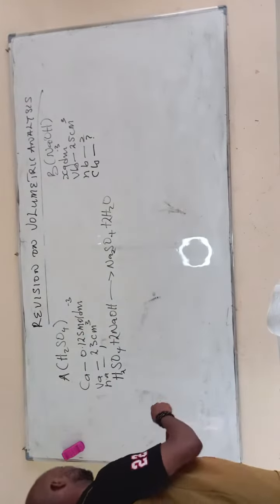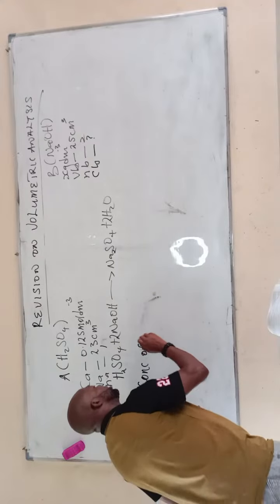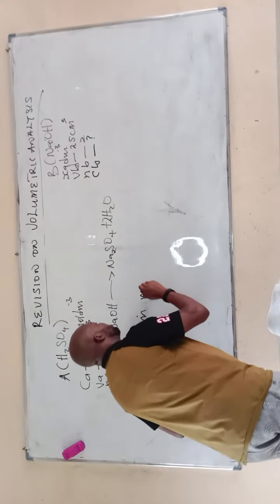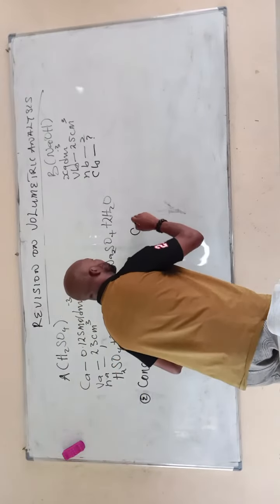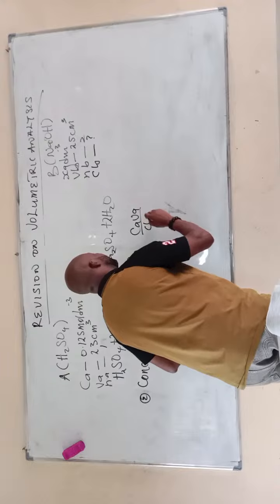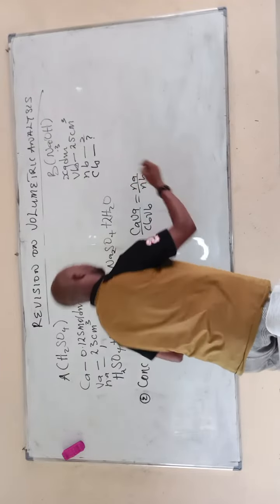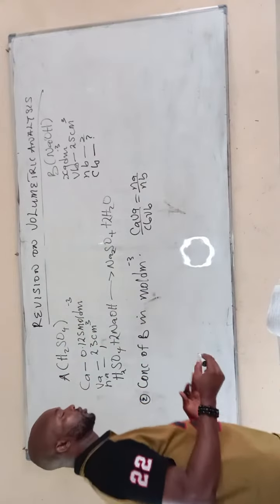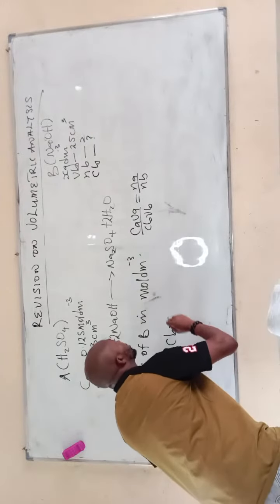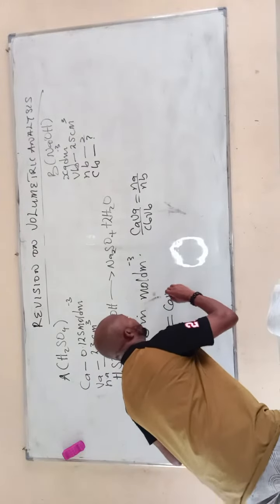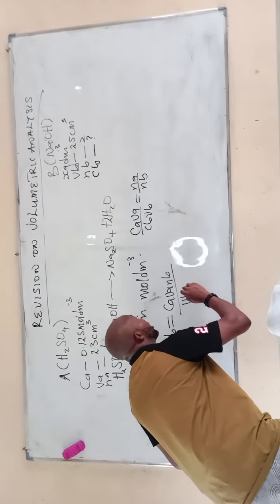All right, number 2, concentration of B in mole per dm cube. We are going to use CAVA over CBVB is equal to NA over NB. If that is true, then I'm looking for CB, so my CB is equal to CAVA NB over VB NA.